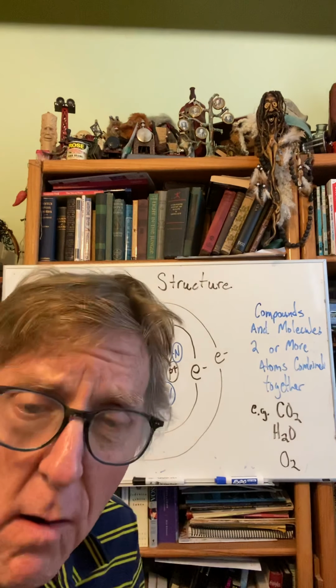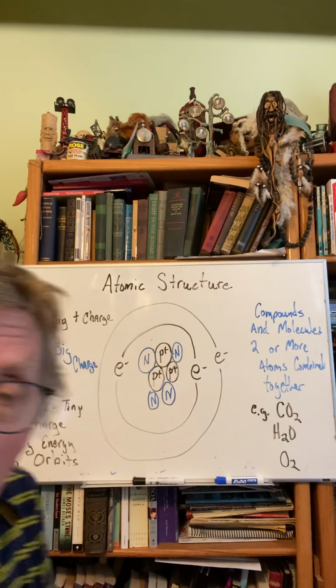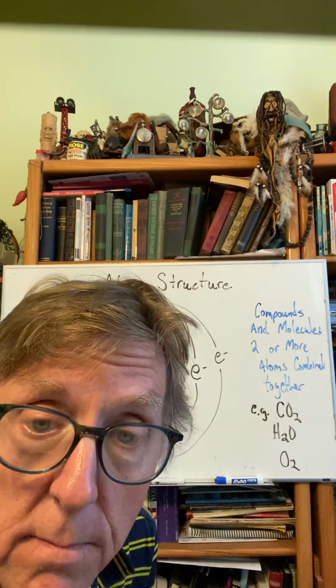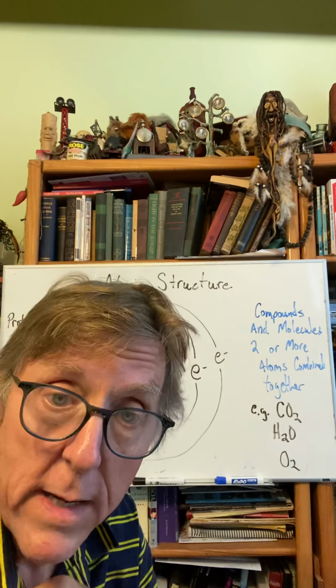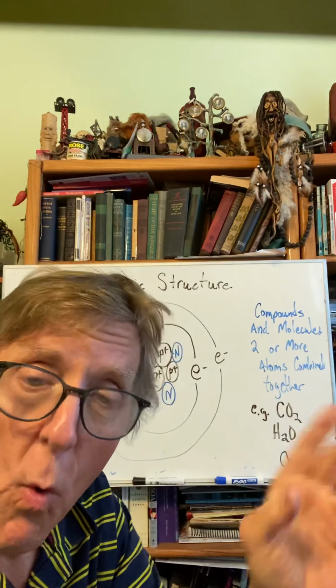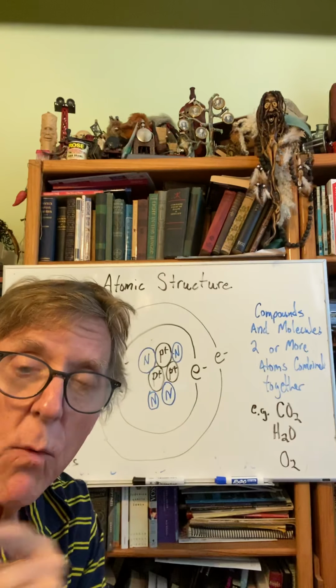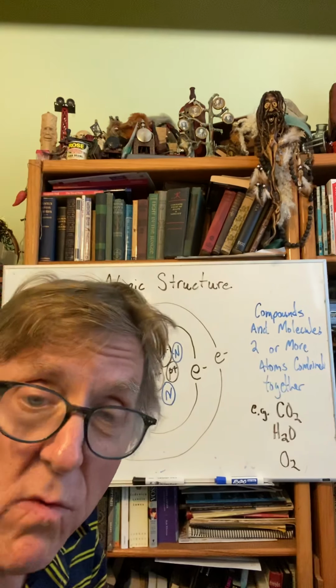Now, why do we care about that? Well, it ends up that electrons can be lost by one atom, given to another one, and received by that one, or they can be shared by other atoms. Now, why would they do that?